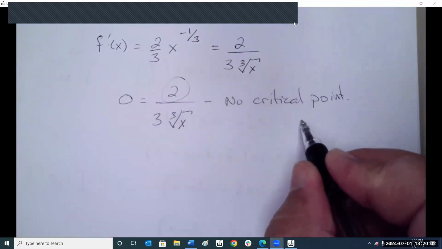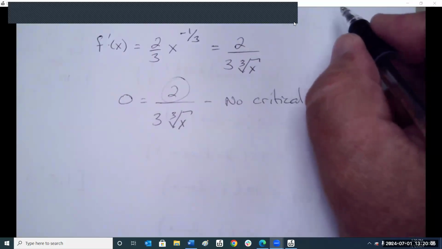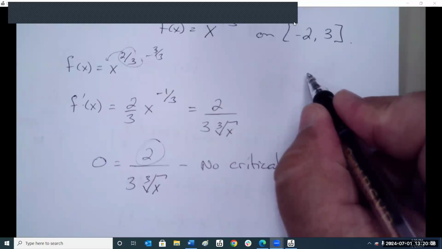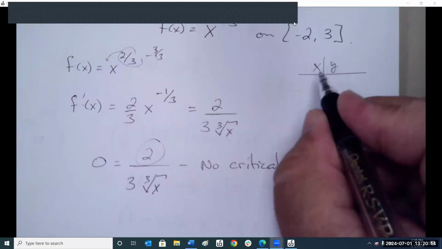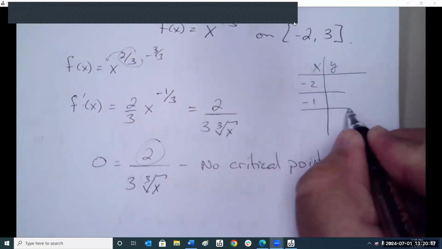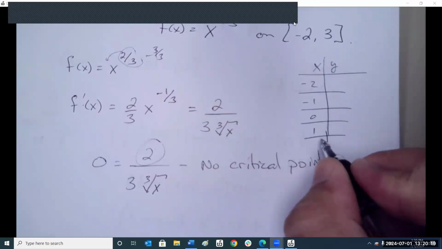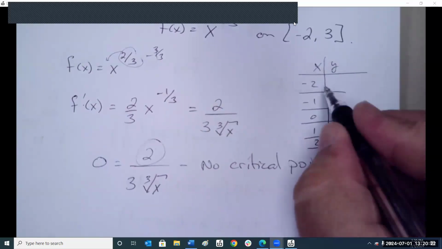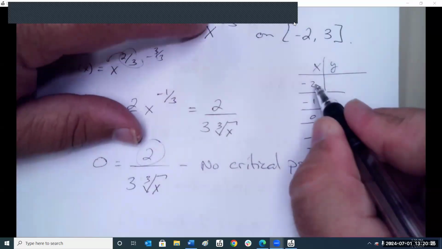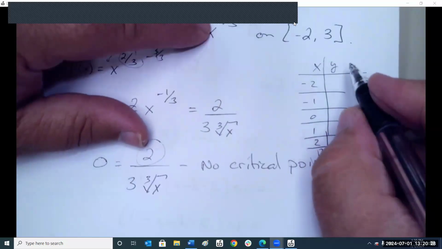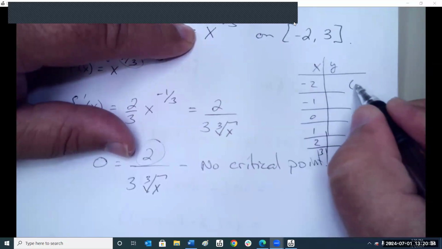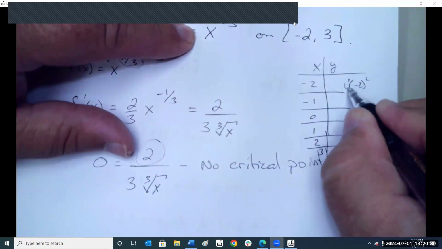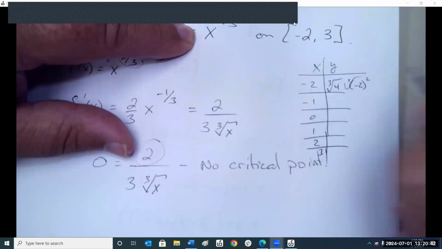Let's look at what this graph looks like. -2, -1, 0, 1, 2, 3. At -2, x squared makes it +4, so it's the cube root of 4.